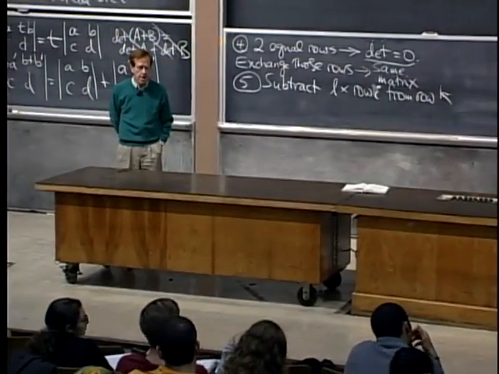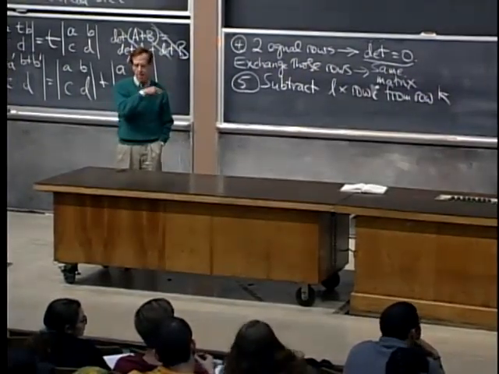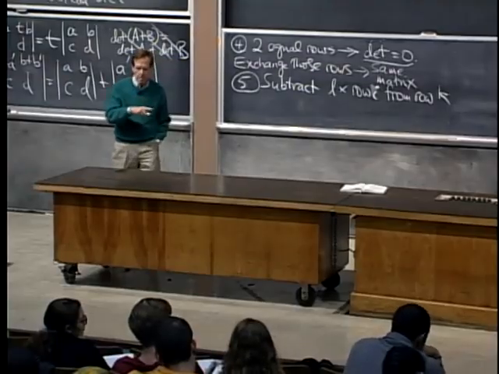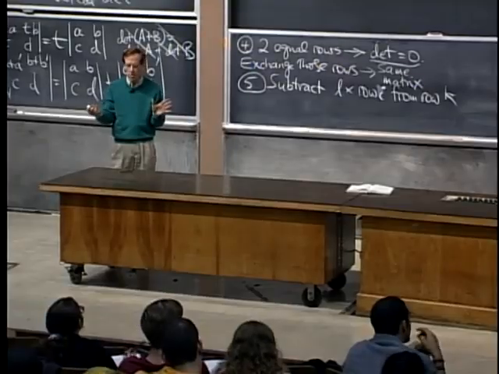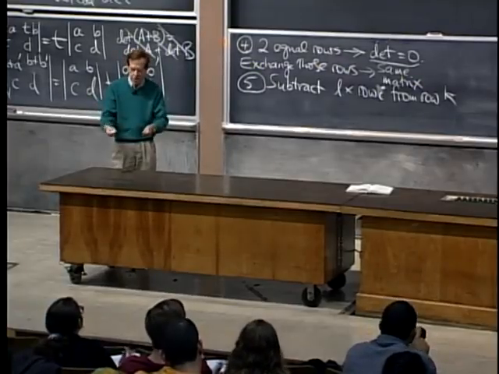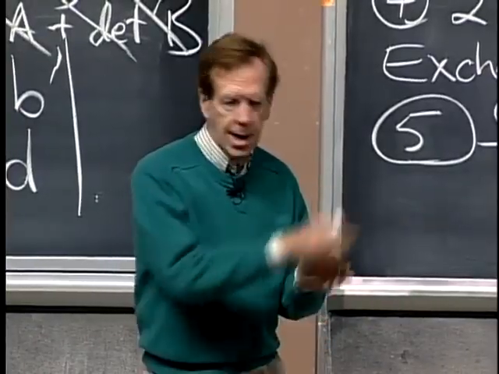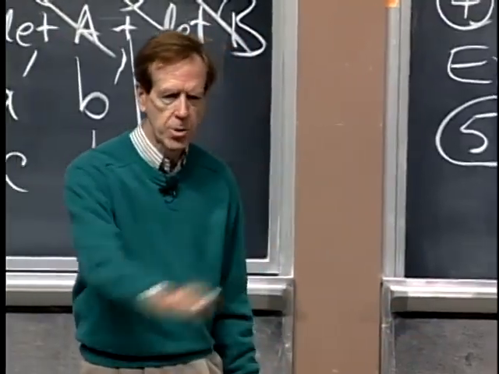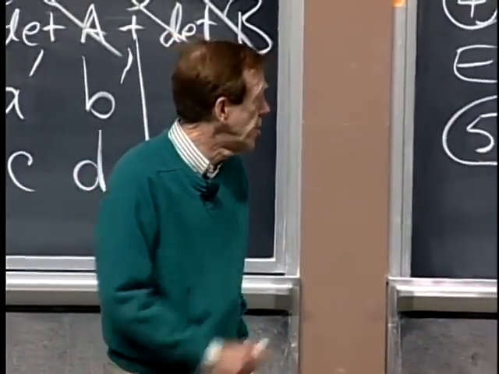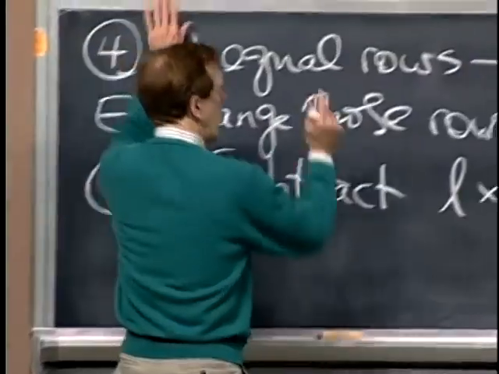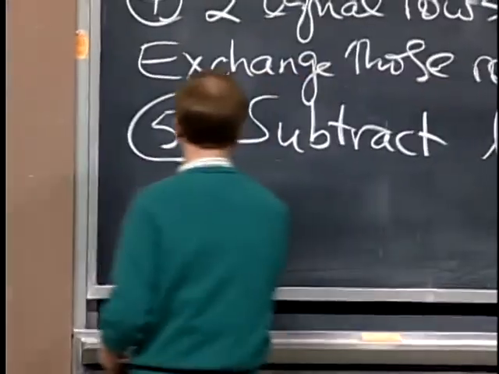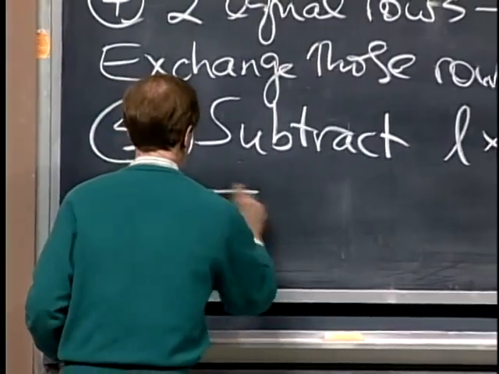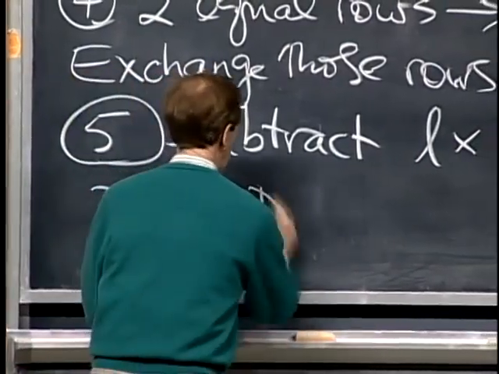Okay, so that you can see why I want that one. Because that will allow me to start with this full matrix, whose determinant I don't know, and I can do elimination and clean it out. I can get zeros below the diagonal by these elimination steps, and the point is that the determinant doesn't change.